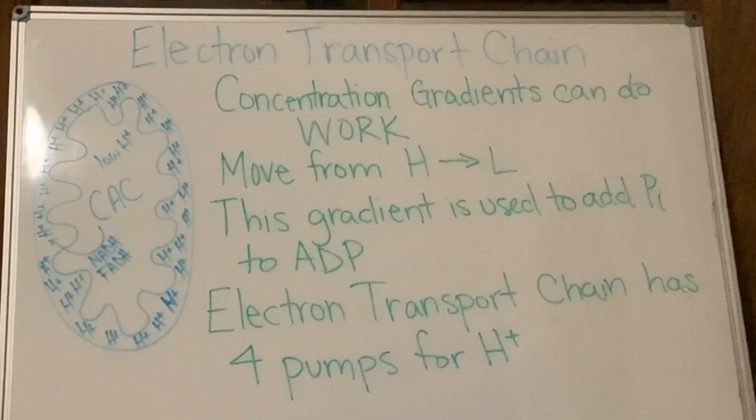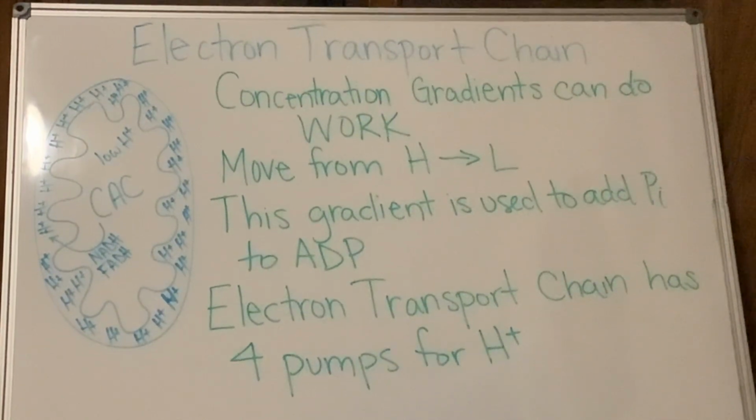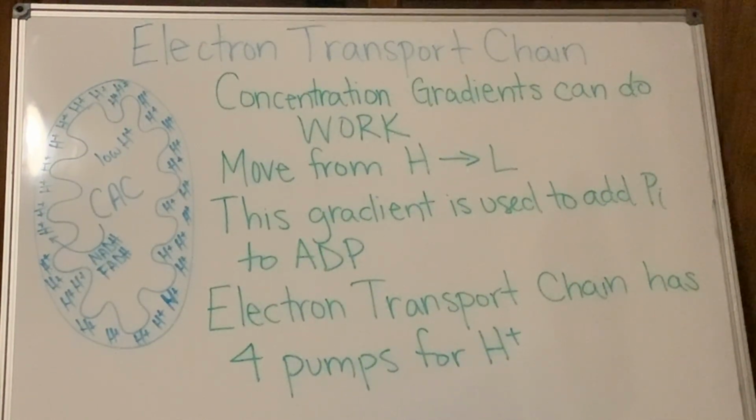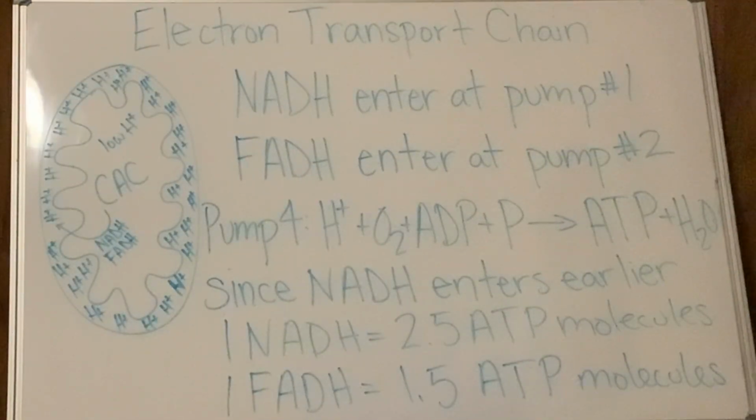There are 4 pumps within the electron transport chain for hydrogen to enter and to utilize the gradient to do work with the final electron acceptor. The electron transport chain consists of 4 different cytochrome pumps. NADH drops its hydrogen ions at pump 1, while FADH enters its hydrogen ions at pump 2.